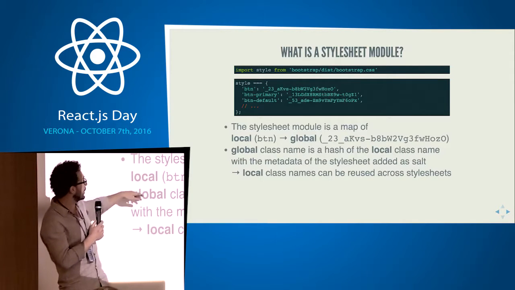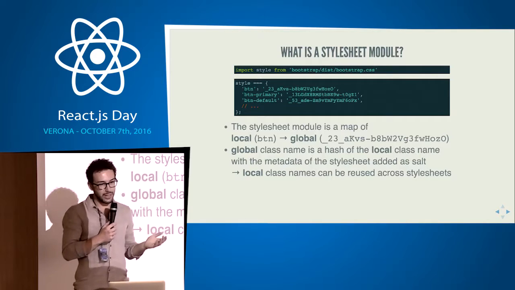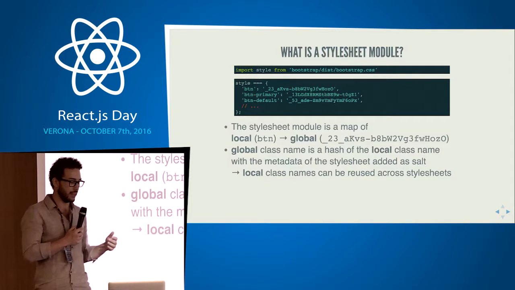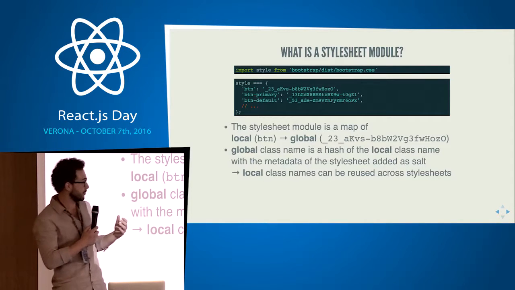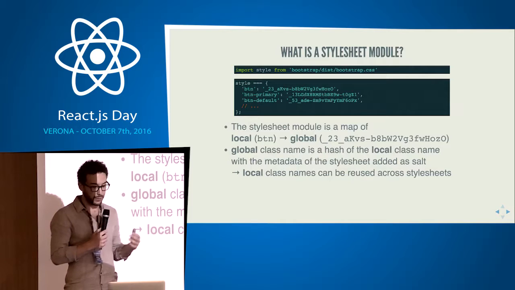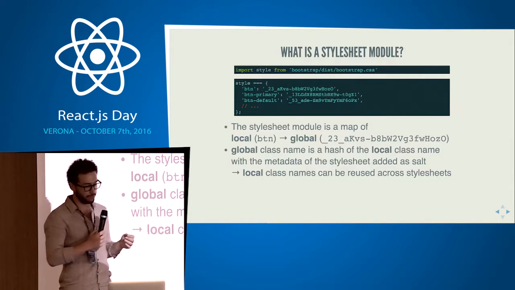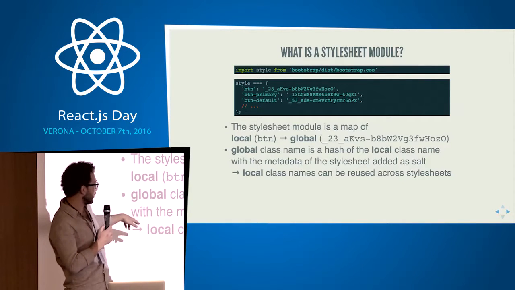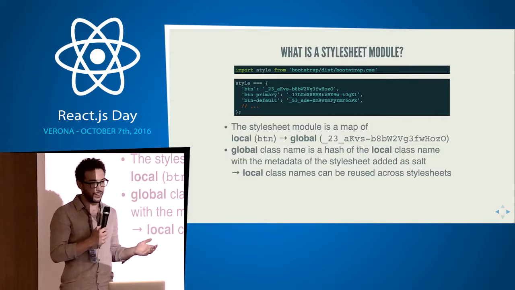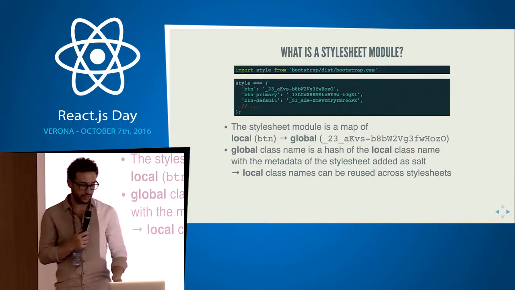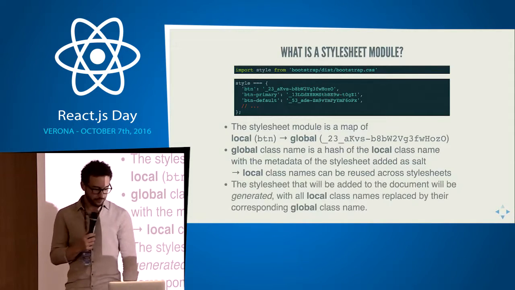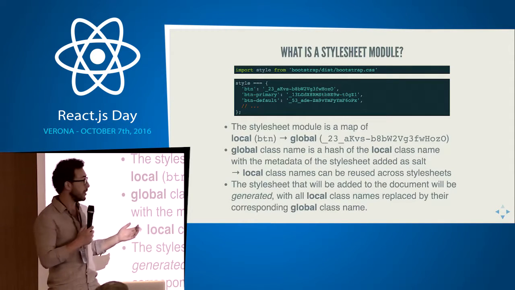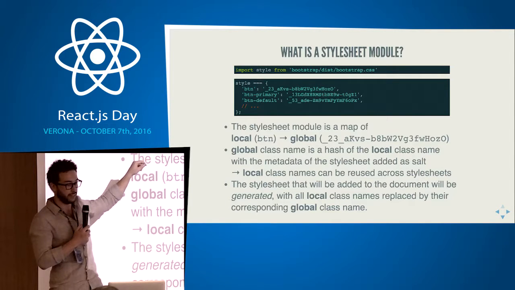The idea is that the global class name is derived from the local class name in the style sheet and properties of the style sheet, like the path, where does it live, and then you hash that. And then you get a weird looking thing, but it's not random. It's actually deterministic. So we can use local class names across style sheets, and the hash they generate will be different because it lives in another style sheet. And in the end, the style sheet that will get added to the document will consist of all the generated global class names.